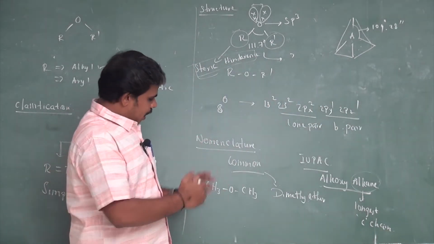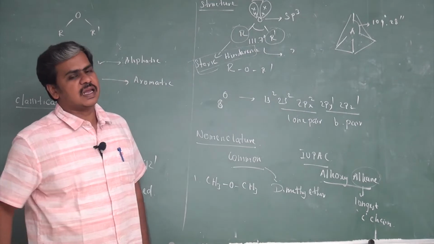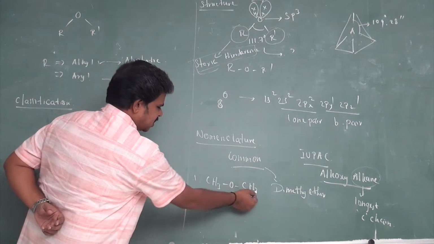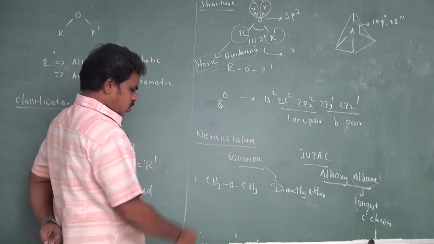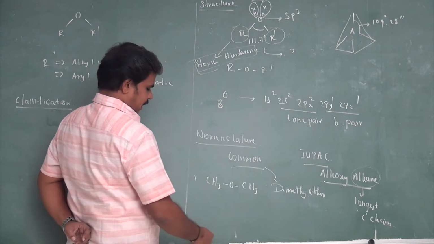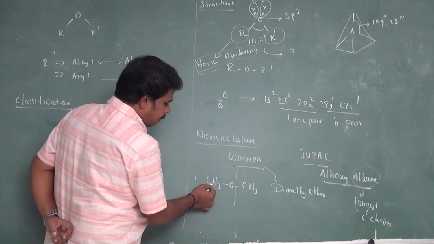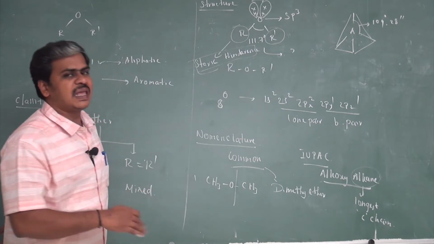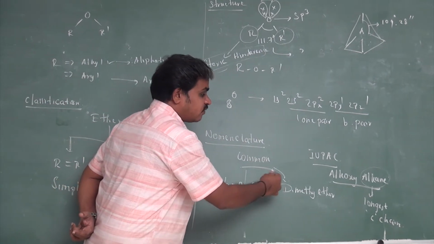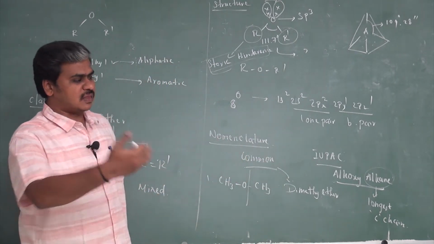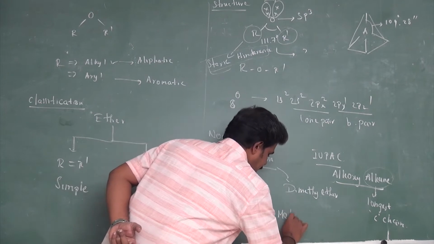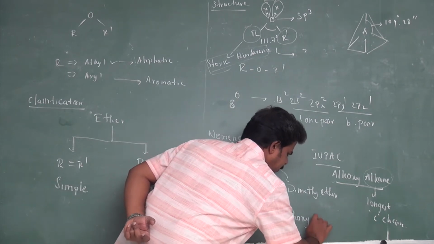Then the lower number of carbon chain is considered as the alkoxy. Here it is the same number of carbons, so anyone may be taken as the alkoxy and the other as the alkane. Methyl plus oxy is methoxy. Then it has only one carbon, so we call the alkane methane. So the IUPAC name is methoxy methane.